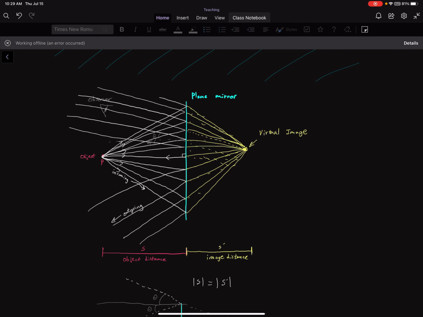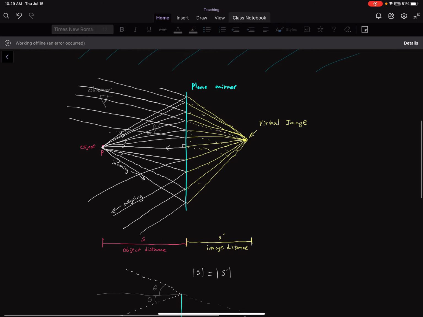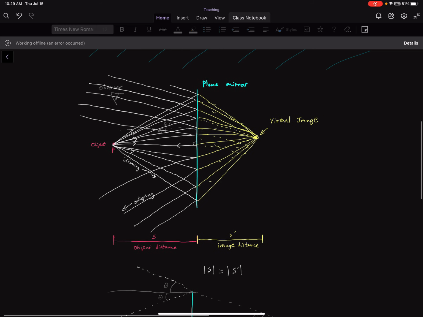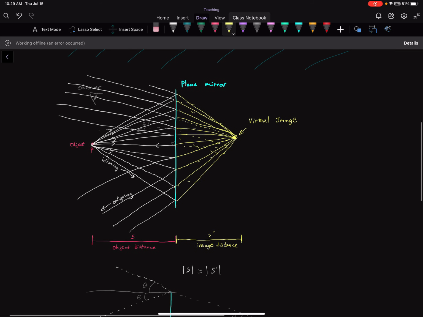In this plane mirror reflection, it is not positive, because the image that's formed is on the right side of the plane mirror, right, in this region, but the outgoing light is on the left side of the mirror, in this region, right?